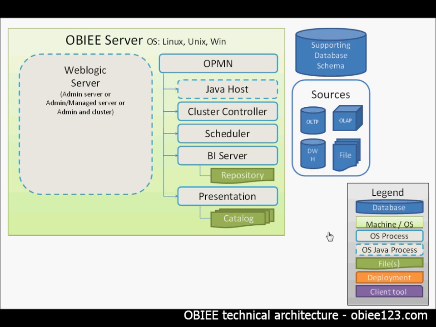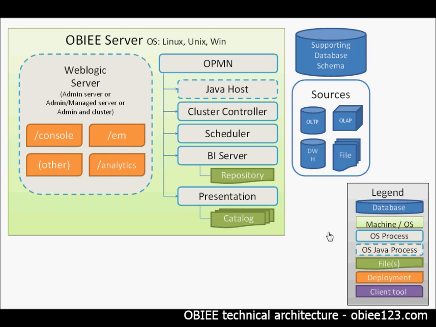Within the WebLogic server, there are a few deployments that can be approached from the web. The most important ones are mentioned here. The console, running at /console, is the management environment for the WebLogic server. /em, Enterprise Manager, is the management environment for your BI infrastructure.